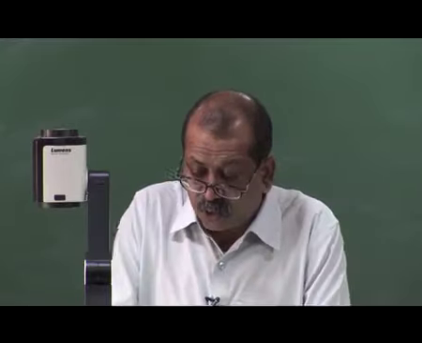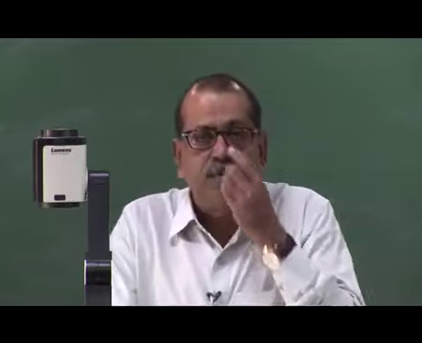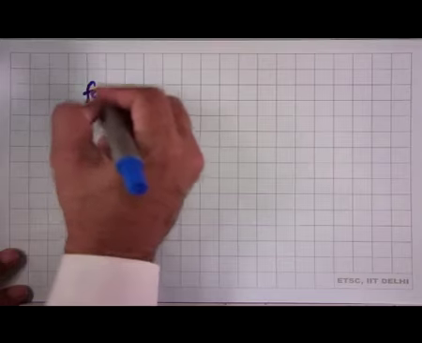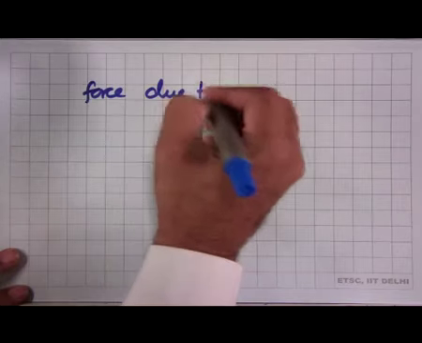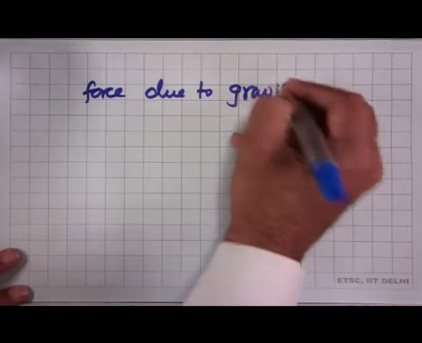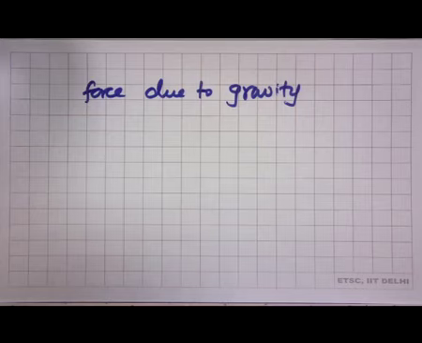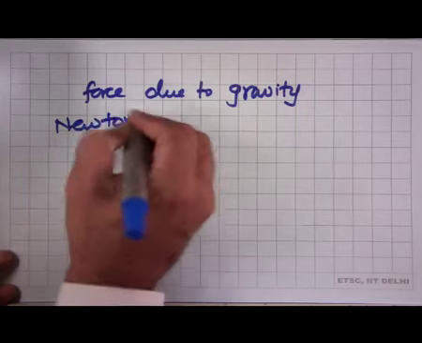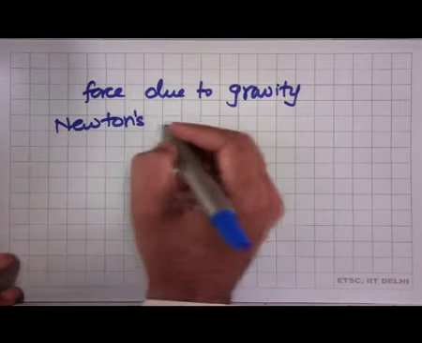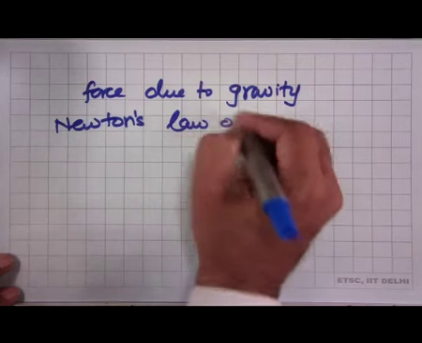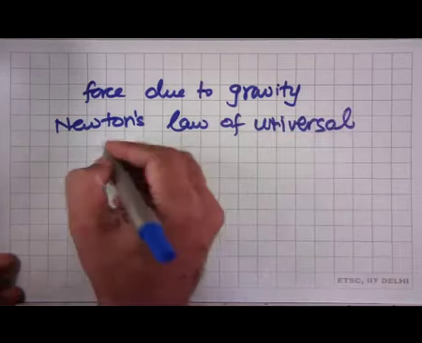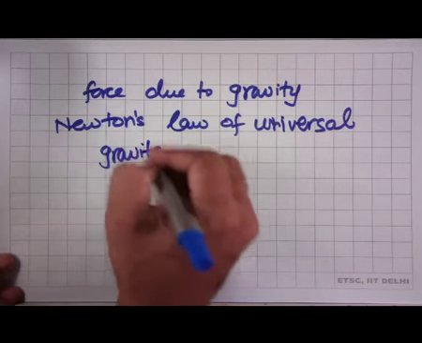The first of these forces, and the one which we will use in most mechanics problems, is the force due to gravity. This is governed by Newton's law of universal gravitation.